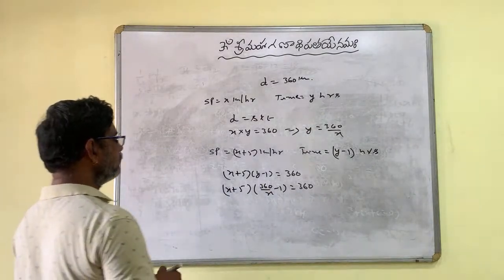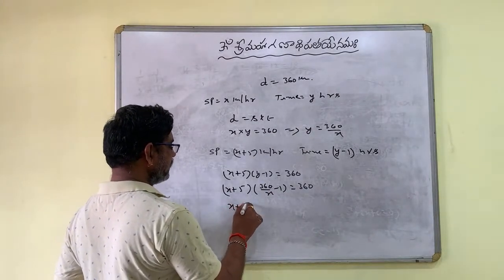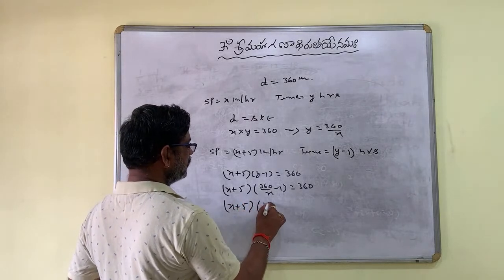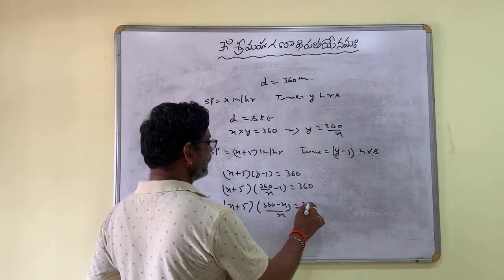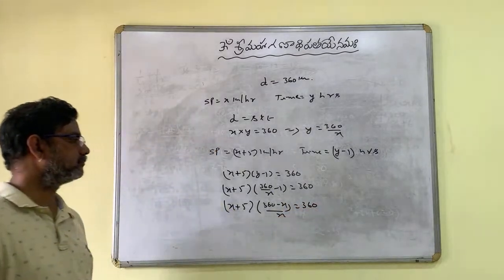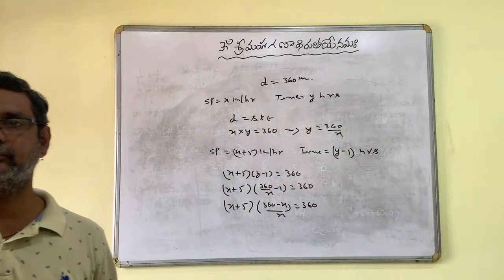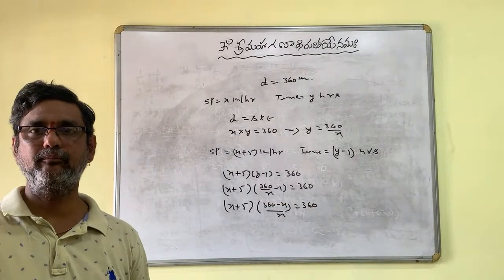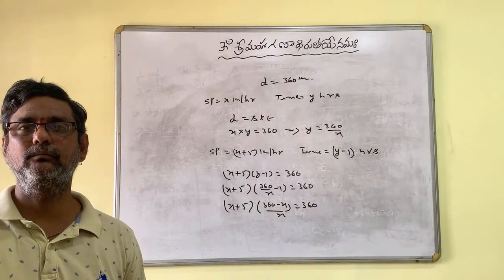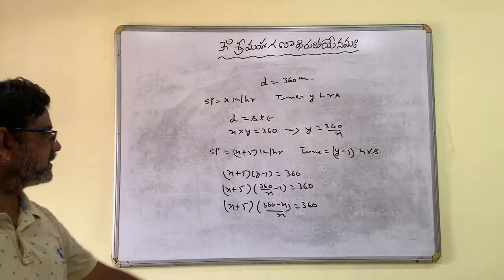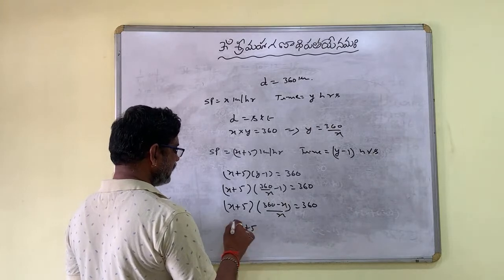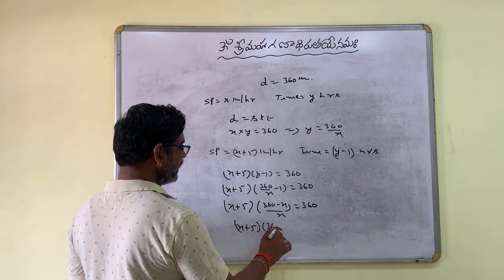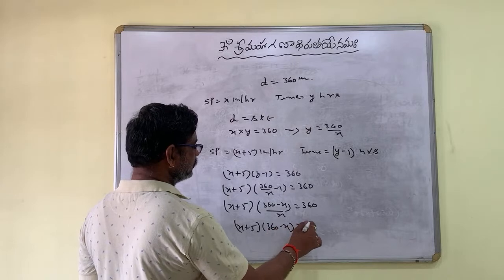If you take LCM and simplify, x plus 5 into 360 minus x by x is equal to 360. Now you can send this x to that side. So it becomes x plus 5 into 360 minus x is equal to 360x.